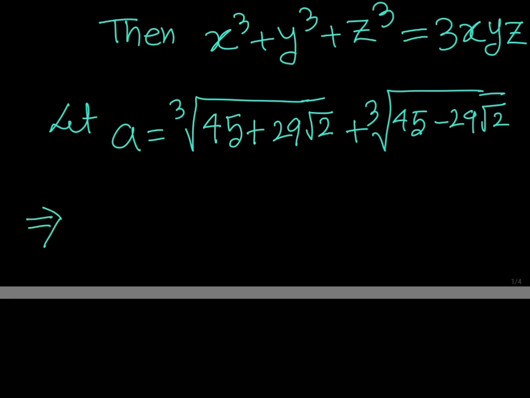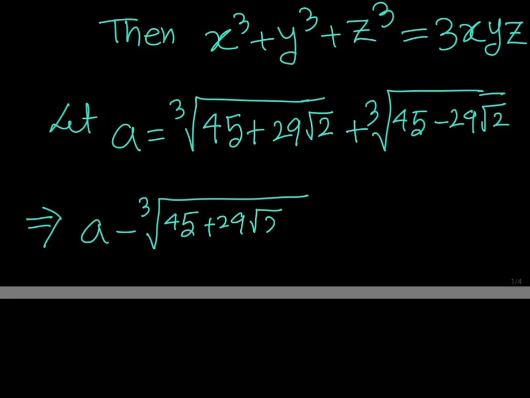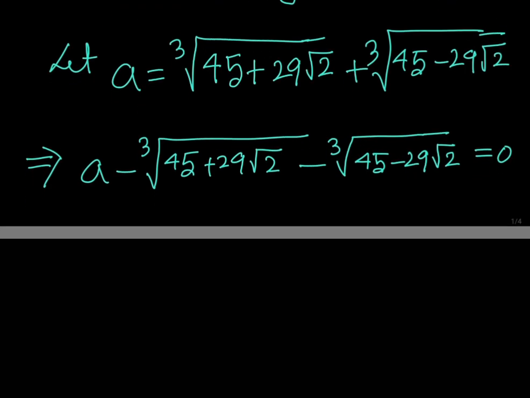So this implies that a minus the cube root of 45 plus 29 root 2 minus the cube root of 45 minus 29 root 2 equals 0.